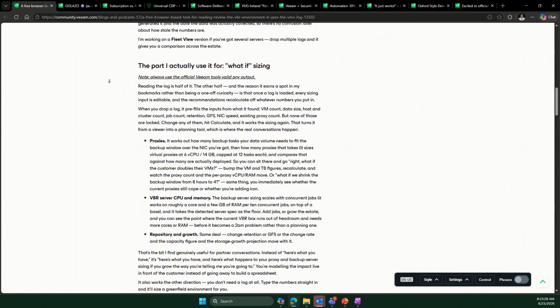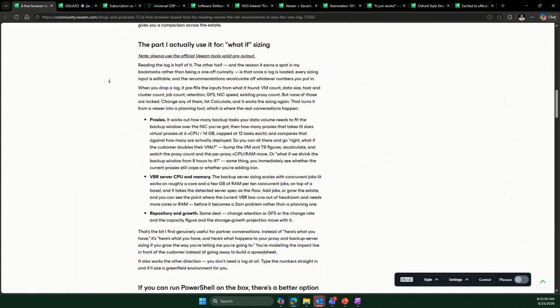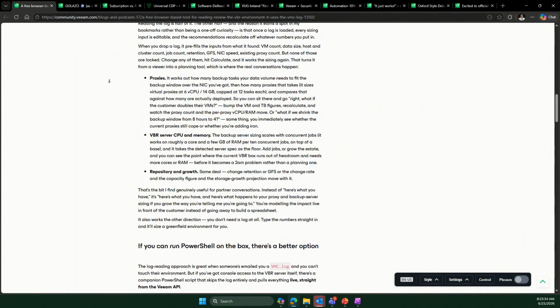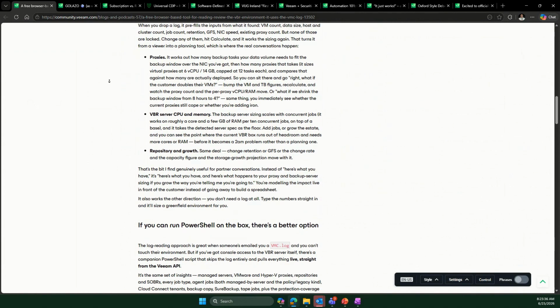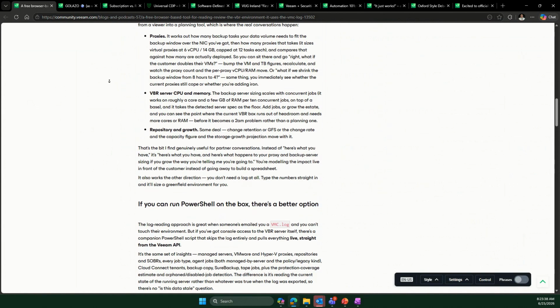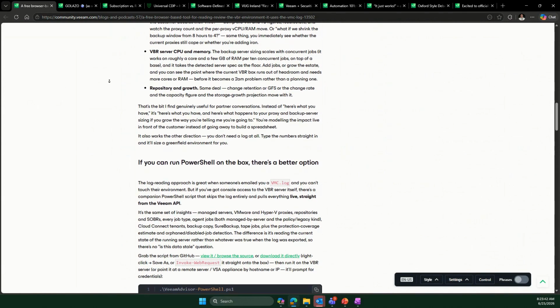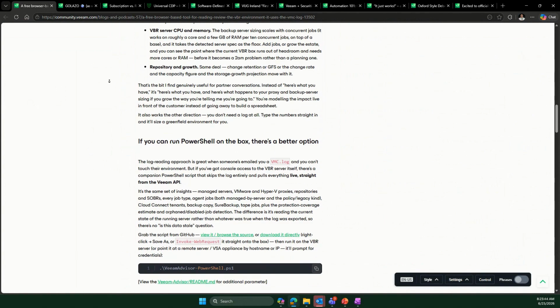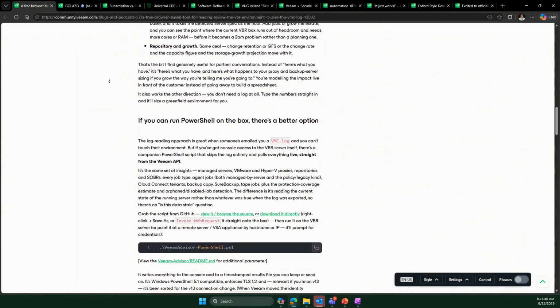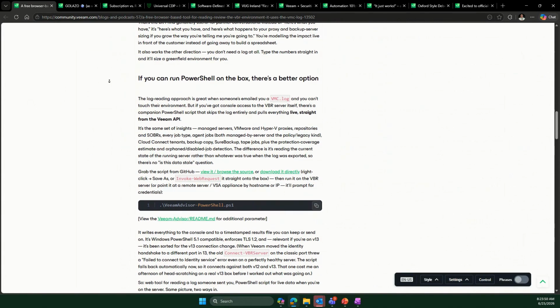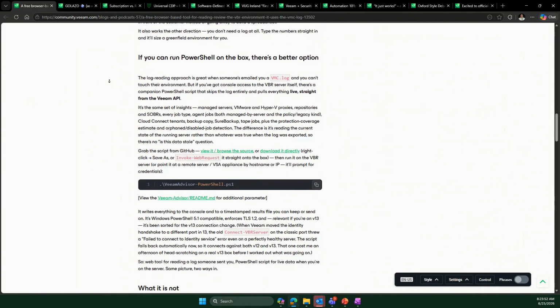That includes the proxies, the repositories, retention settings, security posture, and even sizing recommendations and best practice checks. So I think it's pretty comprehensive. And I also like that everything runs locally in your browser, so the log never leaves your machine. I think this is pretty important as well.